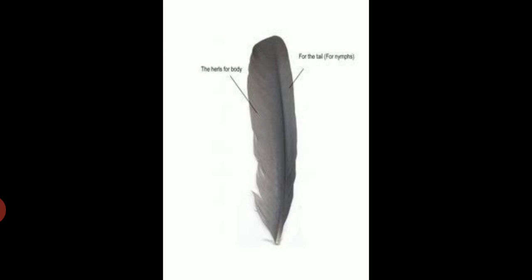Such feathers cover the body of the birds and protect from rain, cold and heat. These feathers give shape and color to the bird. That's why they are called body feathers, because they cover the body of the birds and protect from rain, cold and heat, like our clothes.